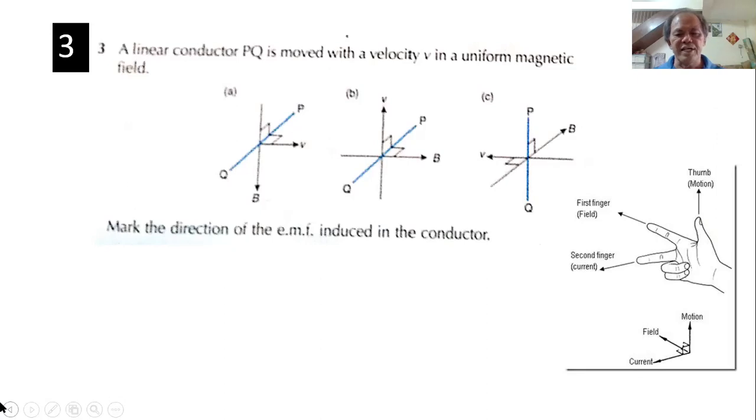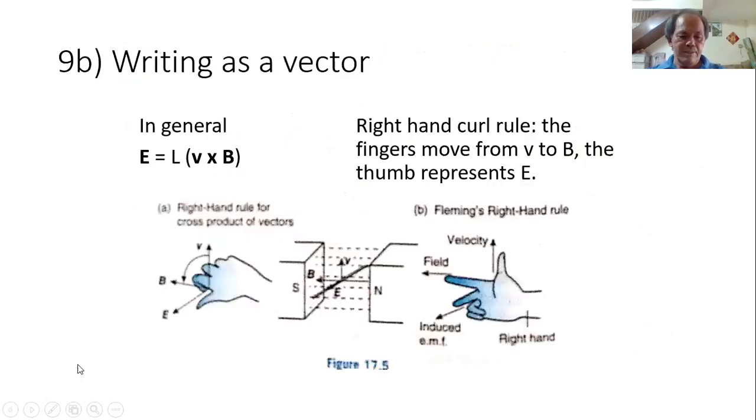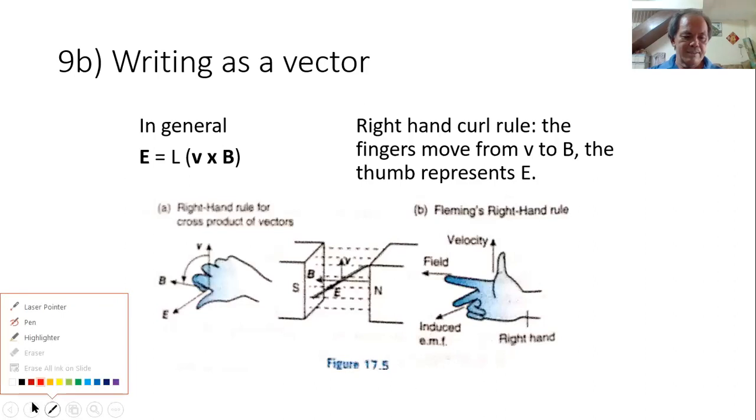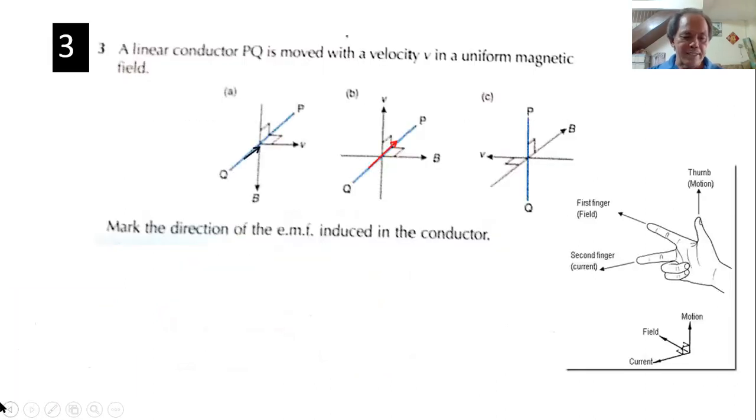Use your Fleming's right-hand rule. Q to P. Q to P. Okay, let's see. Okay, correct. Q to P. How about B, where the conductor is moving up?